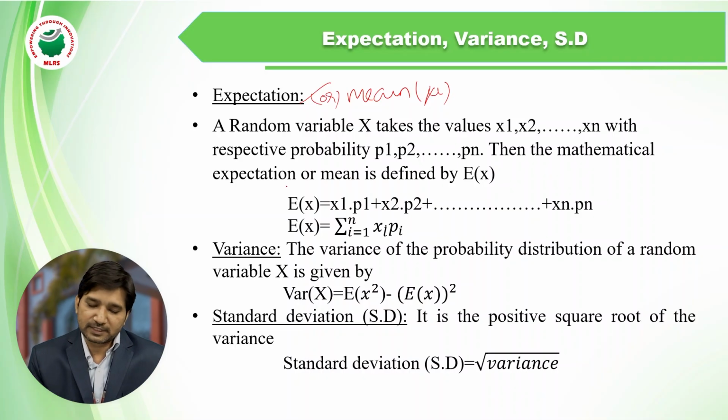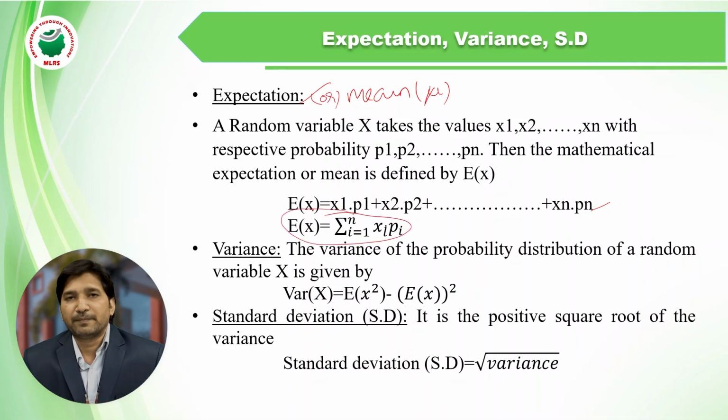Then the mathematical expectation, or mean, is defined by E(X) = x1 p1 + x2 p2 + and so on + xn pn. You can write this as the summation of xi times p(xi), i equal to 1 to n. This is the expectation, or mean, of the discrete random variable.